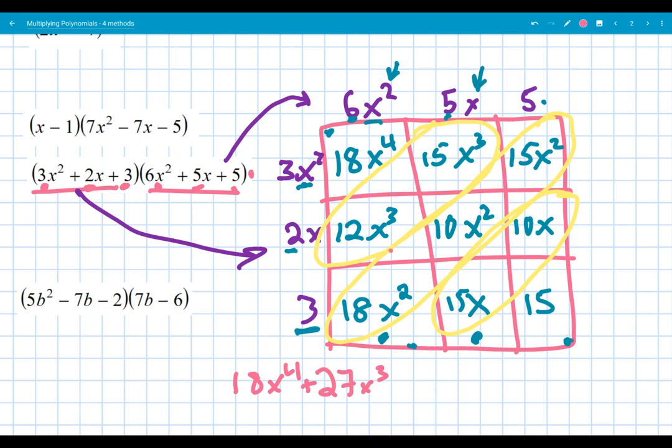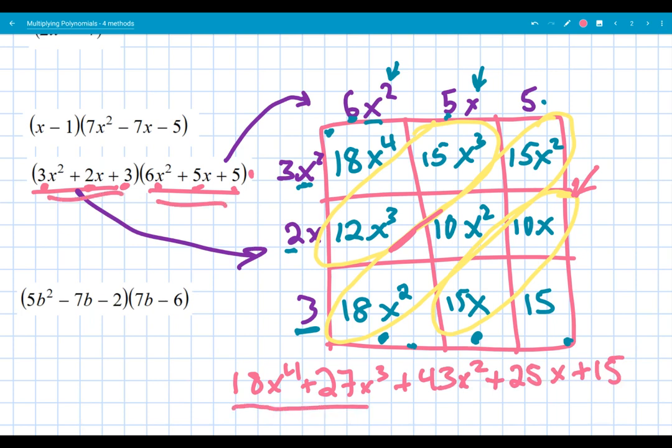The next set of diagonals, the x squares, I got 18x squared, 10x squared, and 15x squared. Well, that's 28, 38, 43x squared. Now I'm going to this diagonal. 15x and 10x is 25x. And then plus 15. So a trinomial times a trinomial gave me a 1, 2, 3, 4, 5 term polynomial.